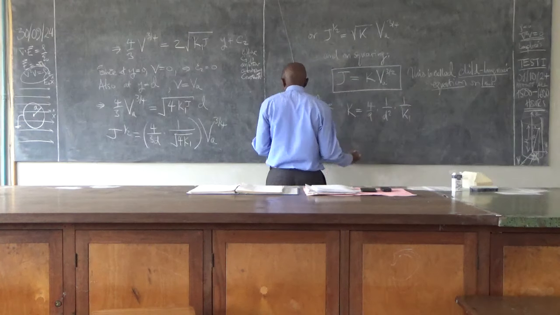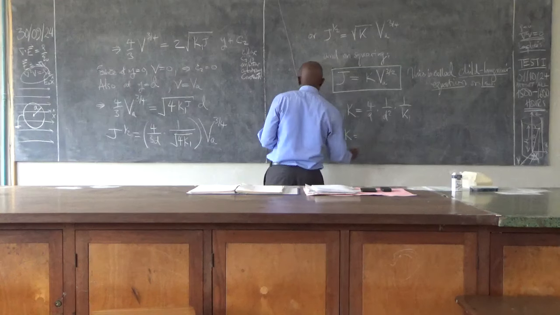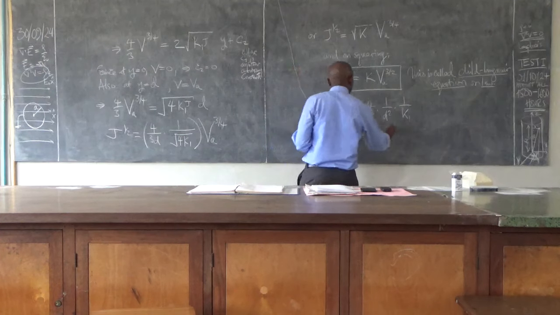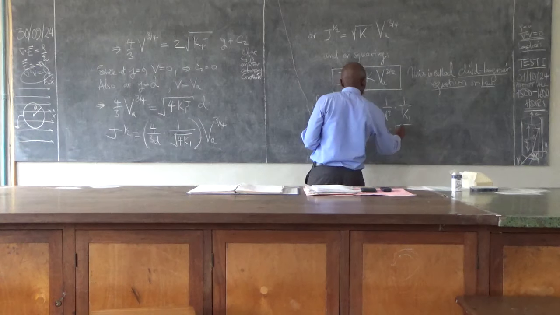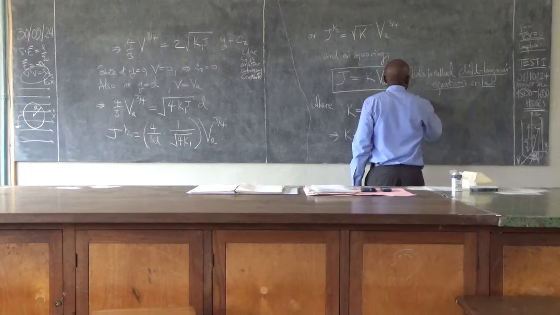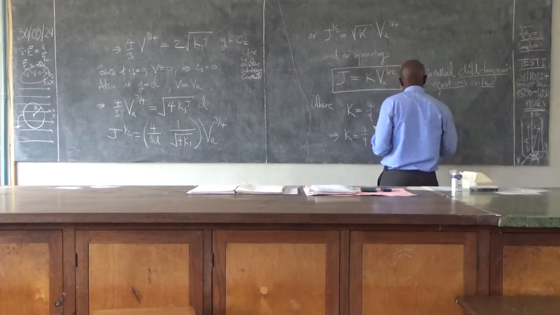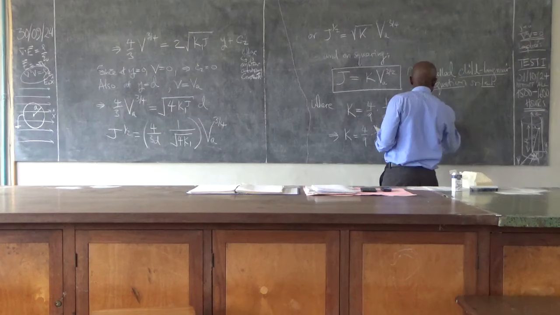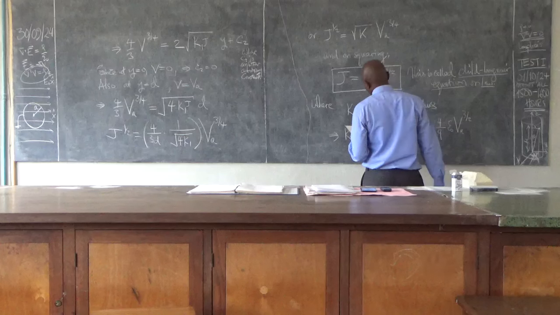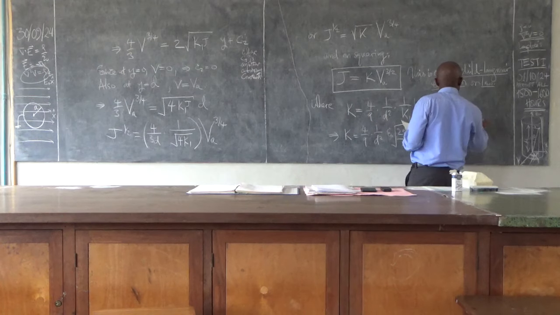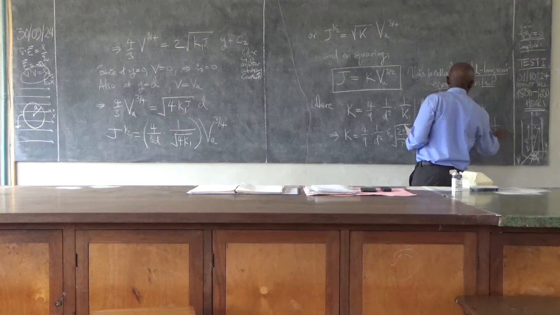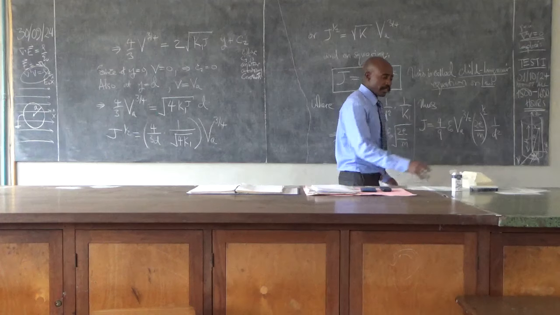And so if we put in K1, our K will be equal to 4 over 9, then 1 over D squared, epsilon naught, root 2E over M. Thus, the current density J is equal to 4 over 9 epsilon naught VA to the 3 over 2 into 2E over M, or the K1 to the power half, times 1 over D squared. So this is the current density.